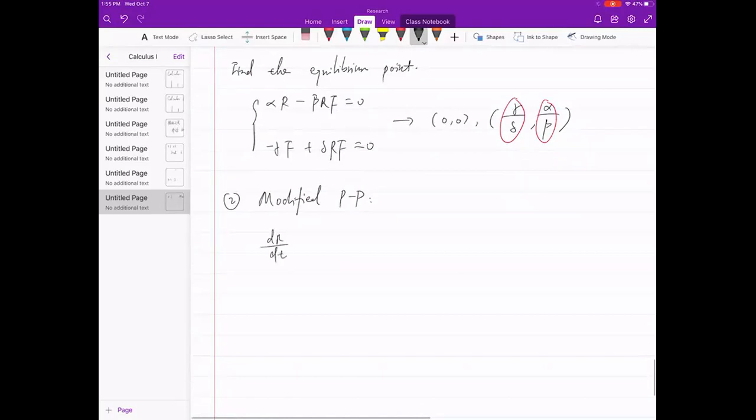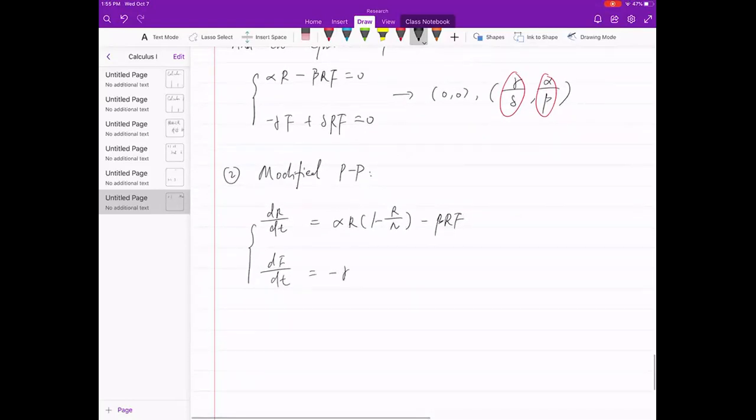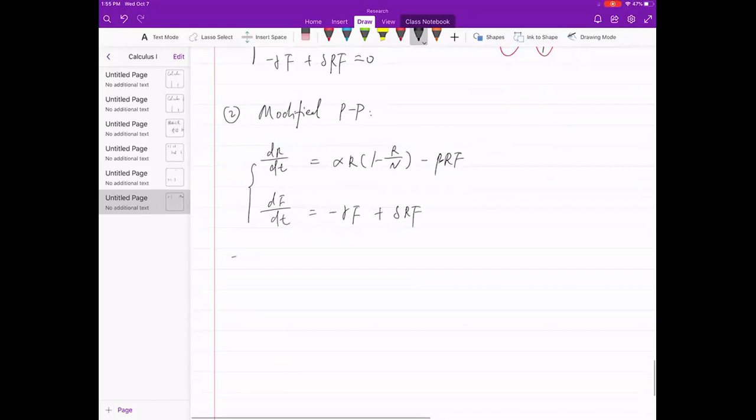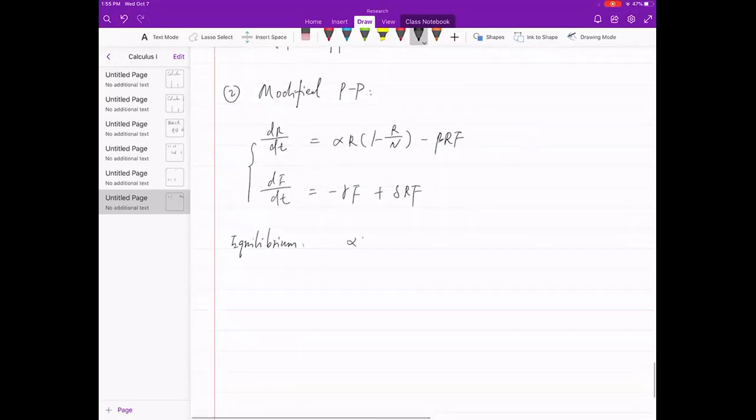But if we write it down, we really just need to change it to alpha r, 1 minus r over n, minus beta rf, negative gamma f, plus delta r f. Find the equilibrium. This is 0.